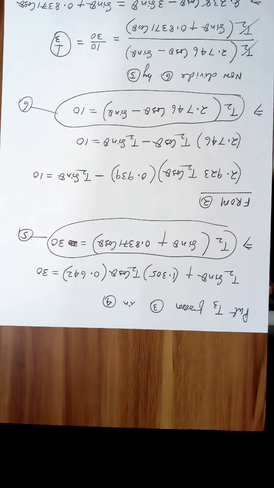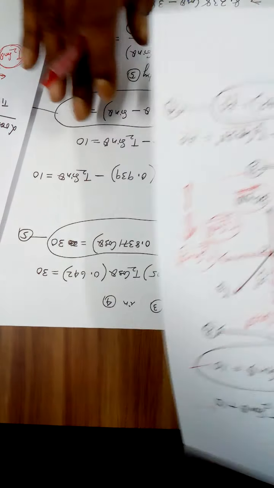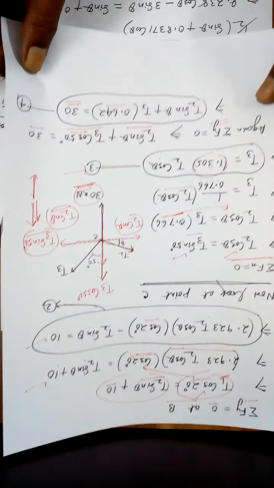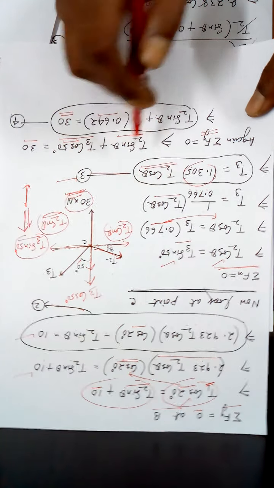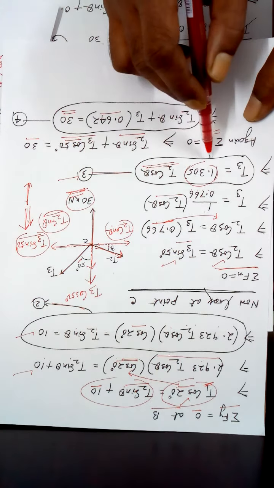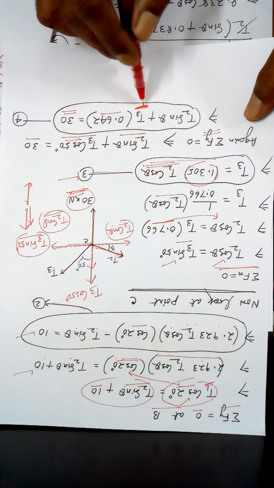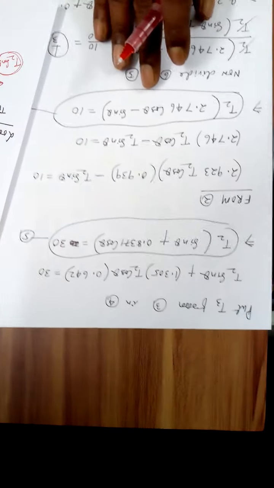Now look, T3 we just calculated as 1.305 T2 cos theta. Now put this value here in 4.